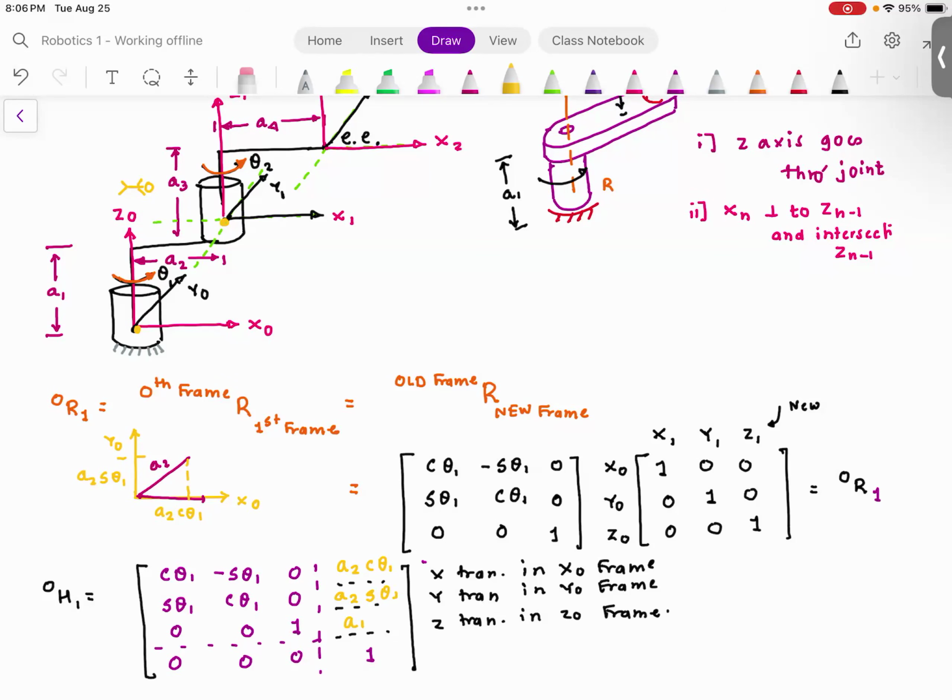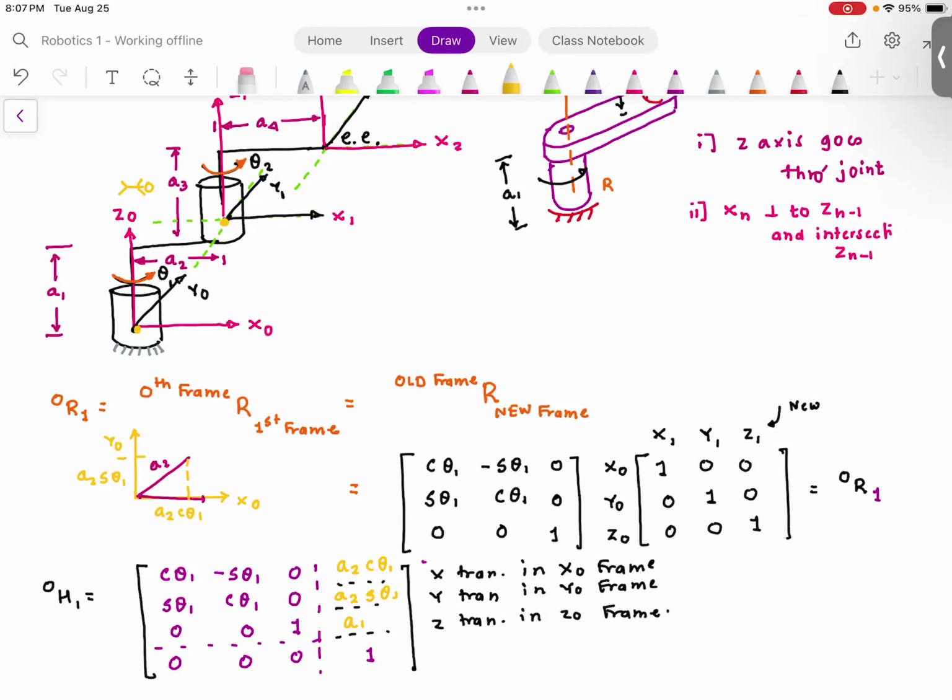But these two frames are translated by some amount. So somehow we need to capture that translation. So we populate this homogeneous transformation matrix. The last row is going to be 0, 0, 0, 1. And the fourth column, the first row would be the distance in x dimension between the new frame and the old frame.